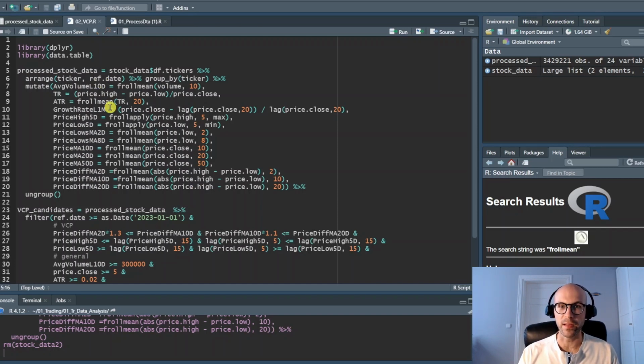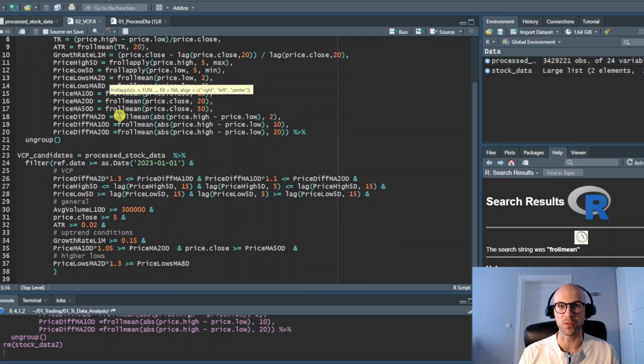And now we can finally start applying filters to our data in order to identify historical instances of volatility contraction pattern. Let's start with the most critical condition. So the first condition allows us to narrow our trading range.